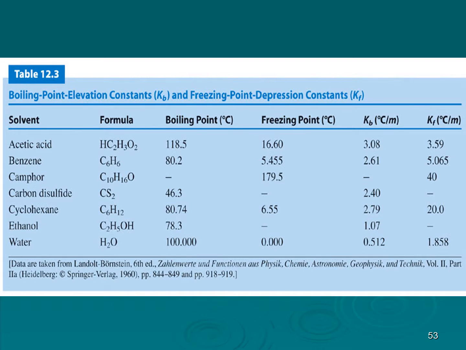Water, you can see on the bottom, of course, the boiling point of water is 100 degrees Celsius, and the Kb is 0.512. So that would be the constant you would use in the equation. Ethanol has a boiling point of 78.3 and a Kb of 1.07. We'll talk about it in a second, but be careful to use the correct boiling point for the solvent that you're talking about.